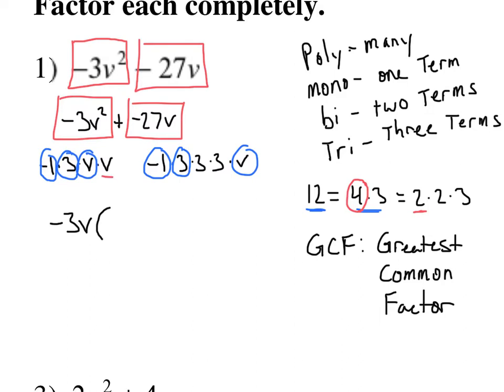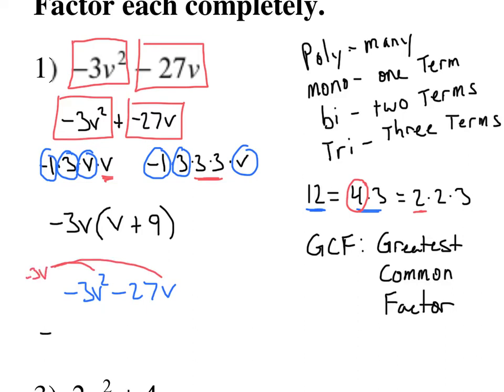I still have a v and a 3 times 3. So that means I have v plus 9 left in parentheses. So I've taken my original binomial, which was negative 3v squared minus 27v, and I have pulled a negative 3v out of both of those terms, which then goes out in front, and I'm left with v plus 9 behind.